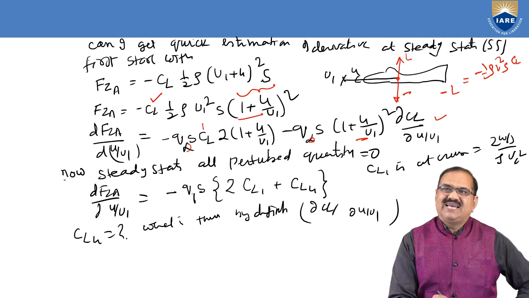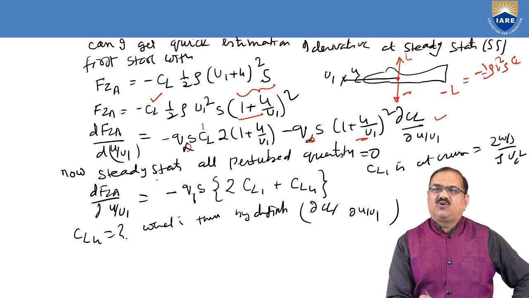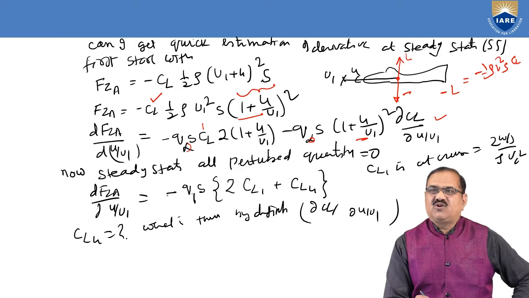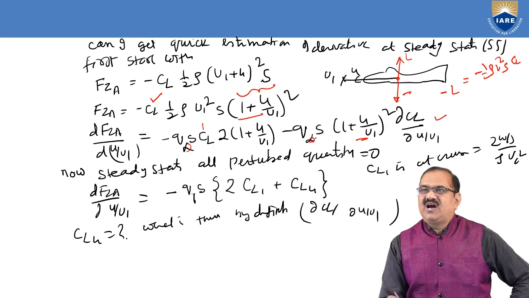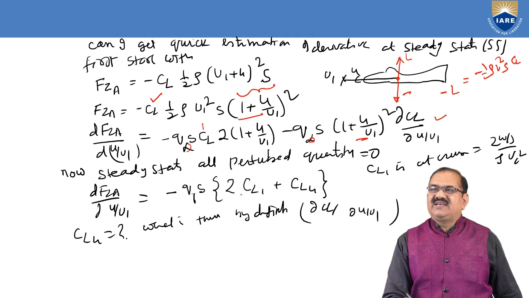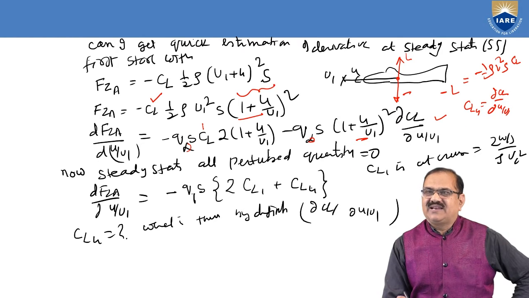Okay, so now at steady state all perturbed quantities will be 0. So here dou FZA by dou U by U1 is equal to minus Q infinity S, 2CL1 plus CLU. And Q infinity and S we have taken common, and here this U by U1 will be 0, so only Q S dou CL by dou U by U1 will be there, and this we can write as CLU.